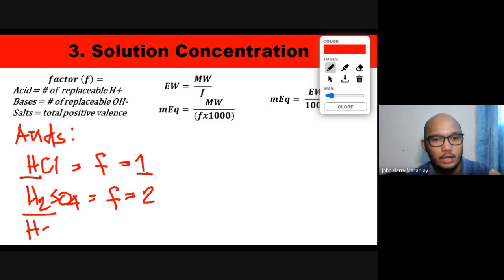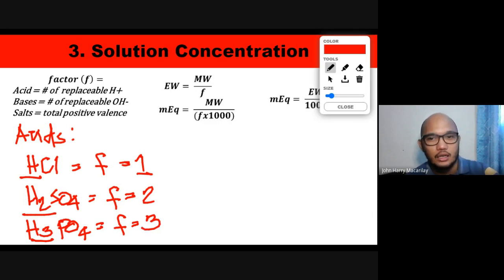For a triprotic acid, you have phosphoric acid. So this is a diprotic, your sulfuric. So how many hydrogen? You have 3. That's why the factor is 3. For bases class, it is the number of hydroxyl ion. So for example, sodium hydroxide, how many hydroxyl ion? You have 1.